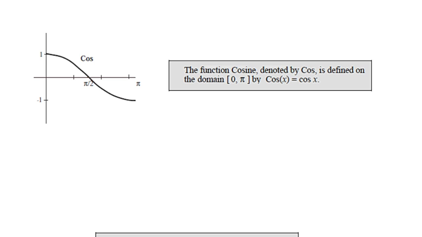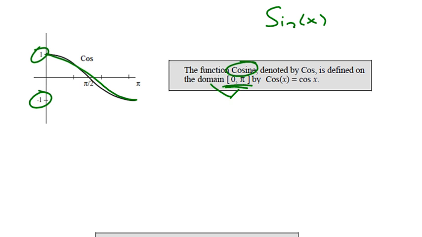Okay, so that's dealing with arc sine. Now let's talk about cosine. Well, just like we had big sine of x, we can have big cosine of x, and we want to force that to be 1-to-1. So that's 1-to-1 on this interval between 0 to pi, and my y values are going from -1 to 1. So on that range, or rather on that domain, we have a 1-to-1 ratio.